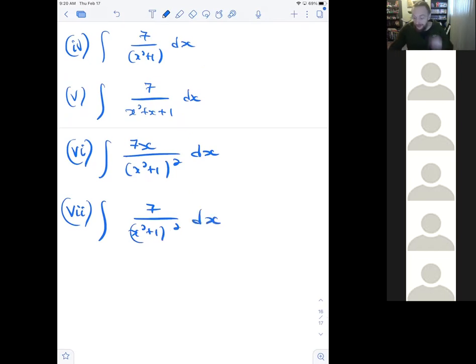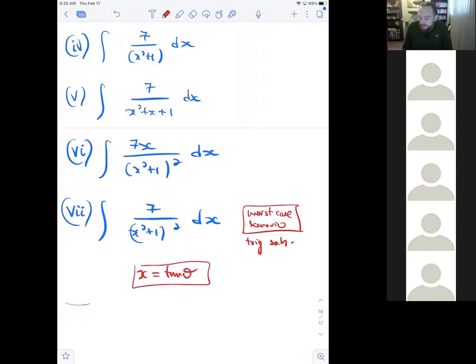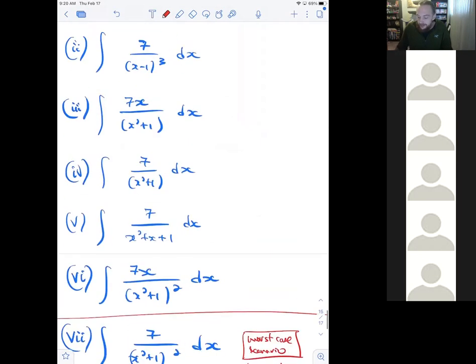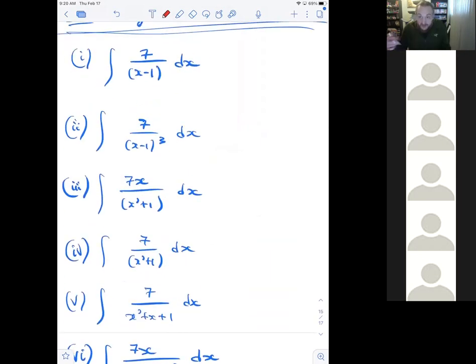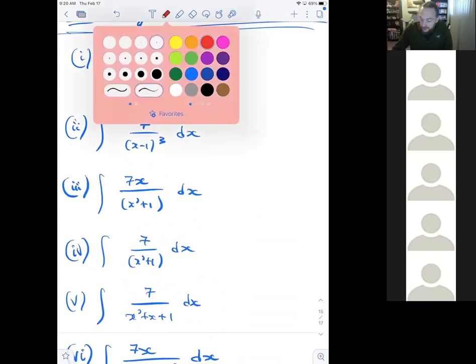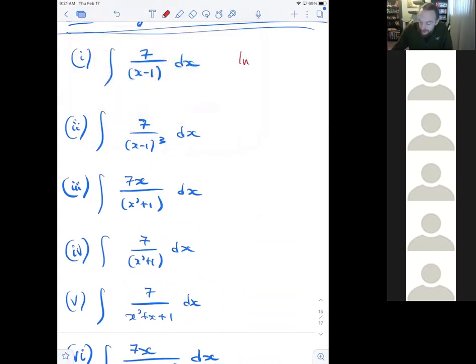So this is the worst case scenario, and we use trig substitution because we can let x equal tan theta. But as we start, this is going to be natural logarithm.